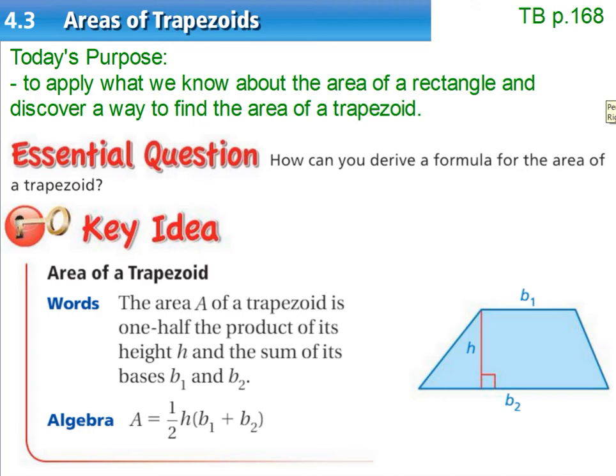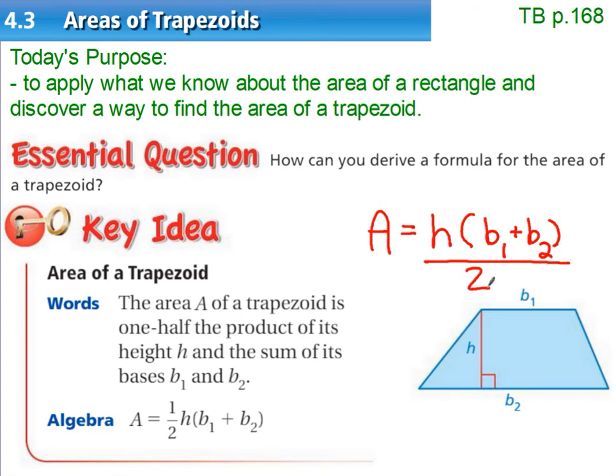Several people feel that this is the easier formula to use because then you don't have to be using fractions. Remember that dividing by 2 gives you the exact same result as multiplying by 1/2. So I could also write the area for a trapezoid formula as height times (base 1 plus base 2), divided by 2.